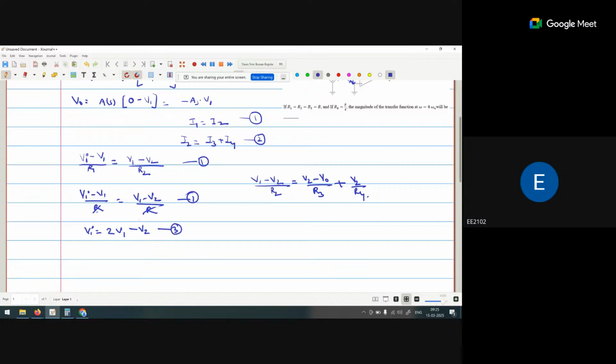Equation number three. Similarly, V1 minus V2 by R is equal to V2 minus V0 by R plus V2 by R by 4, that is 4R. Okay, now R cancels out. So V1 minus V2 is equal to V2 minus V0 plus 4 V2.